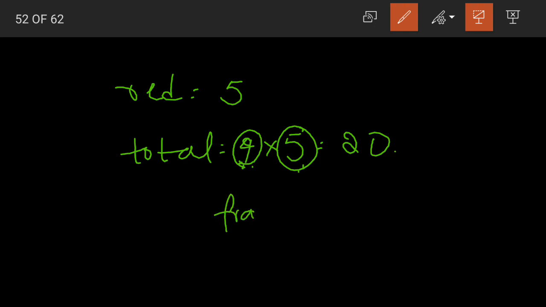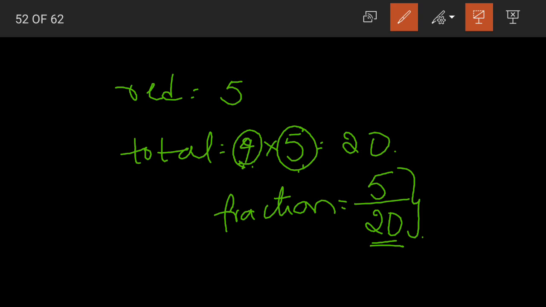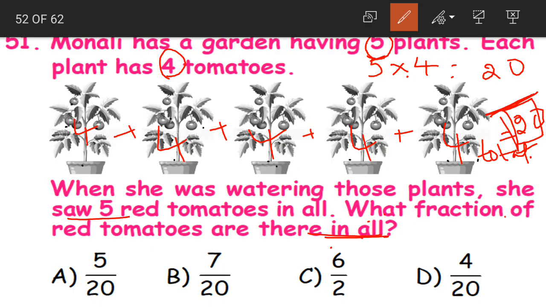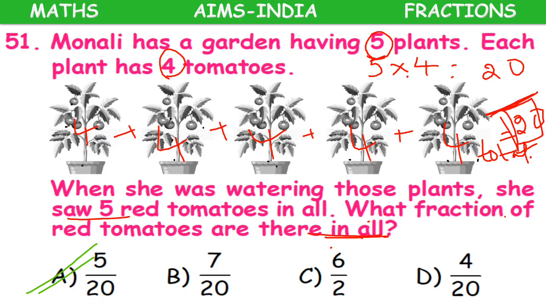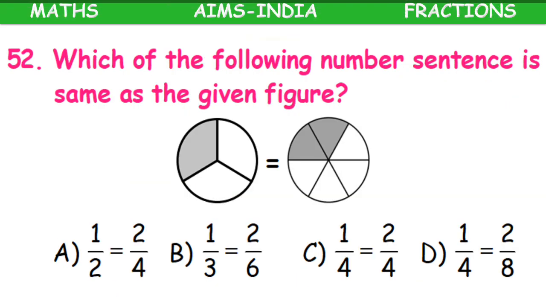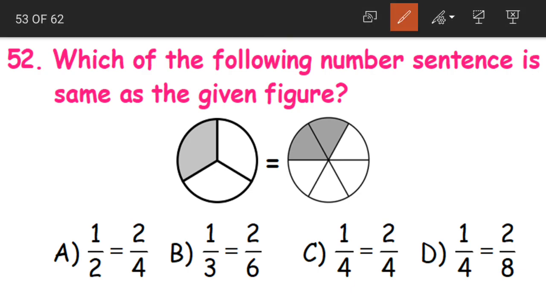Now what will be the fraction of red tomatoes? There are only 5 red tomatoes out of 20 tomatoes. So 5 by 20 becomes our fraction. That is nothing but our option A. Yes, understood?